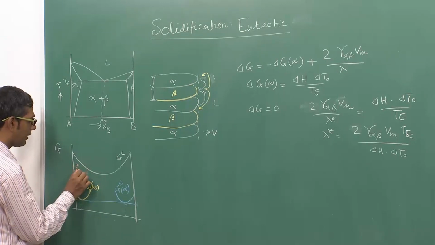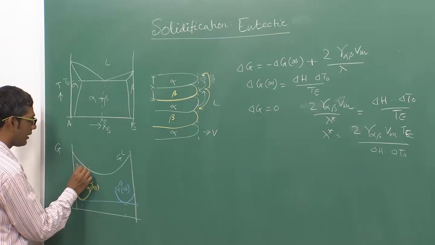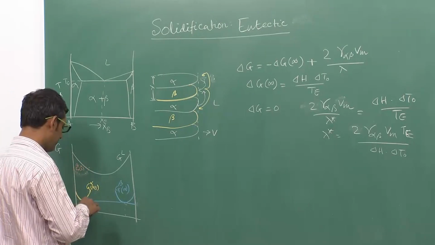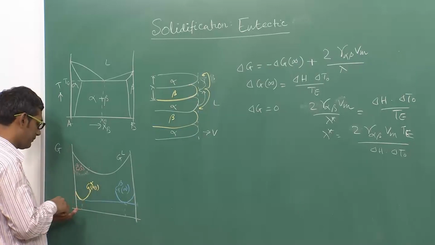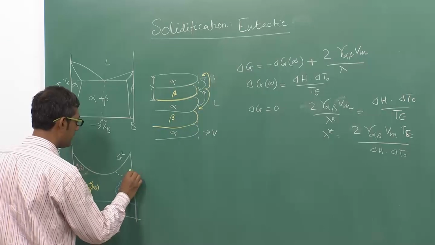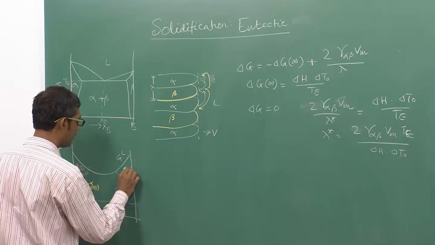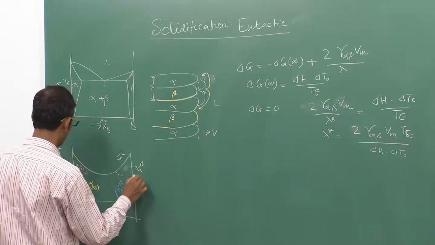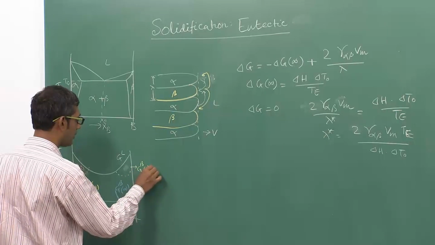So G alpha when lambda equals some value, lambda star. Similarly this is G beta when lambda equals lambda star.